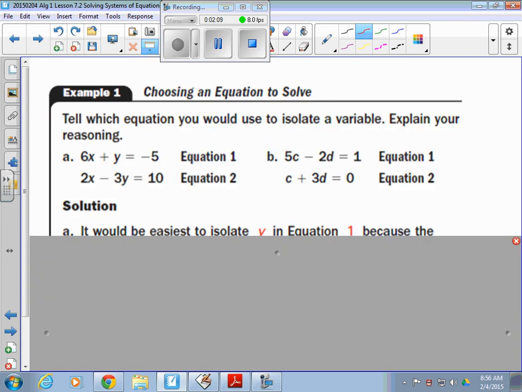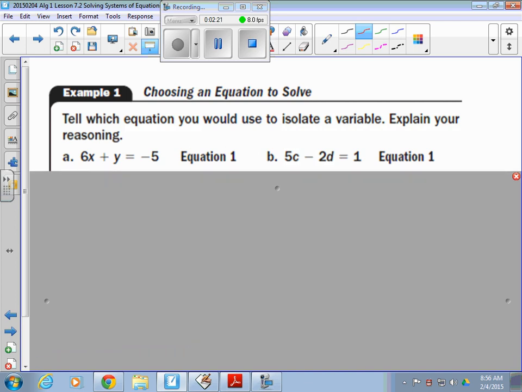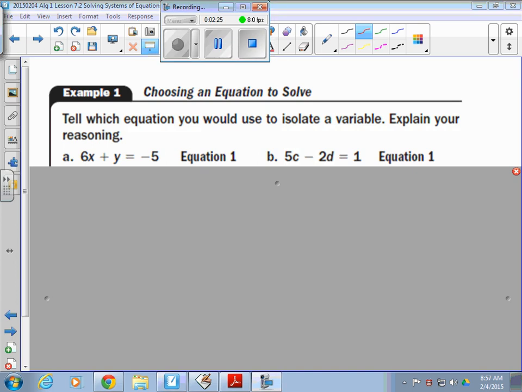Here's example number 1 to make a little bit better sense of what's going on. It says tell which equation you would use to isolate a variable and explain your reasoning. If you just look at the first equation from A, it says 6x plus y equals negative 5.